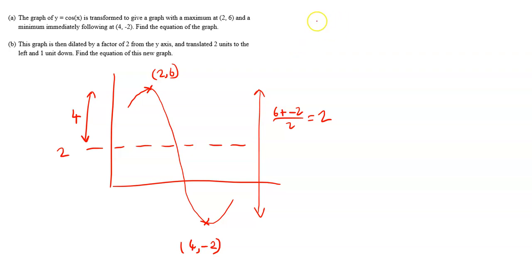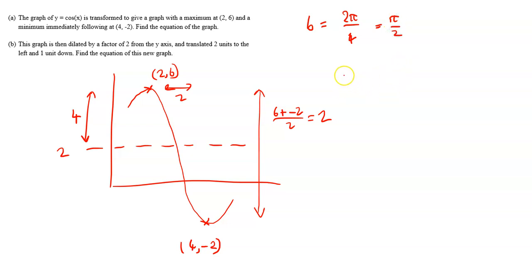We can then talk about the period. We can say that b equals 2 pi divided by the period. Now these points here are 2 apart, which means the period is 4. So b is going to be pi divided by 2.